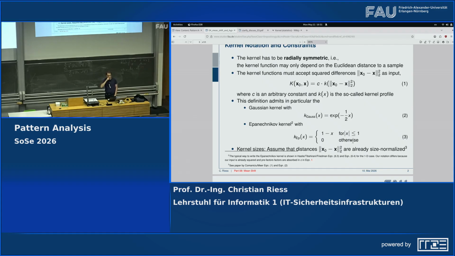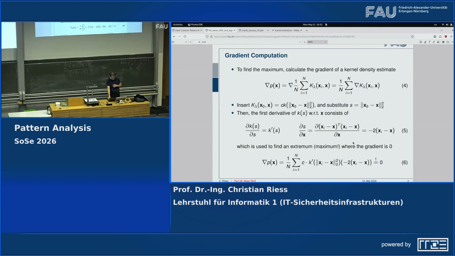What happens now? This k prime is the derivative. So there's a derivative calculation. We have k prime of s, but then there's also the differentiation of s towards x, so we need to apply the chain rule.